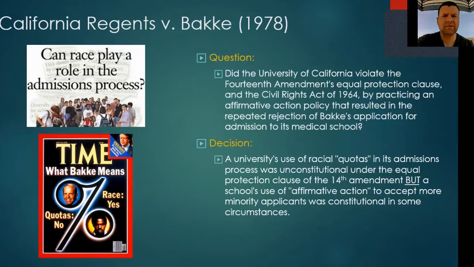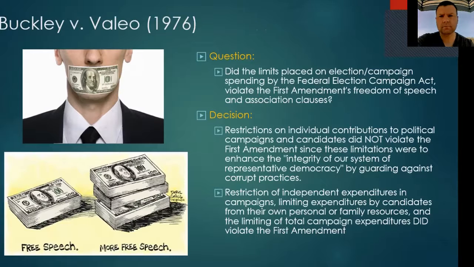The Bakke case, remember the Bakke case deals with affirmative action, which is one of the new issues you're looking at in this unit on civil rights and civil liberties. So make sure you know the Bakke case. Buckley versus Valeo, this is one of those cases that dealt with spending money on elections and how much you could contribute to candidates.